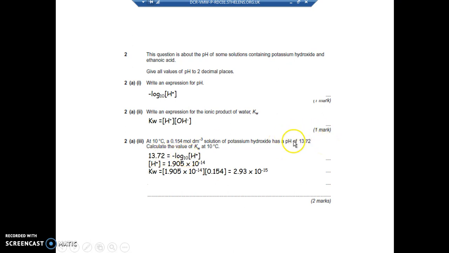Then to get the H plus, you reverse the signs on both sides, so minus 13.72 equals plus log to the base 10 of H plus concentration. You can get rid of the log to the base 10 by doing shift log or inverse log, so you've got minus 13.72 shift log, and it should work out that H plus concentration is 1.905 times 10 to the minus 14.